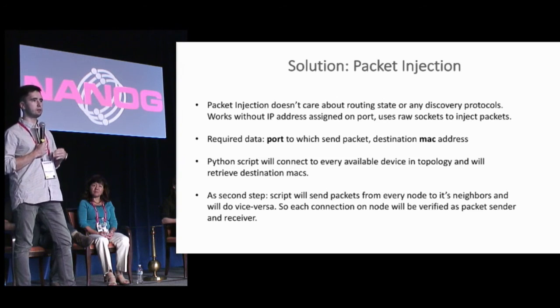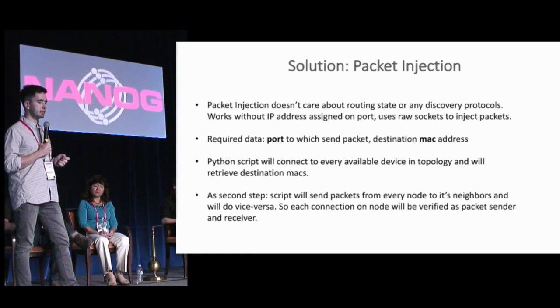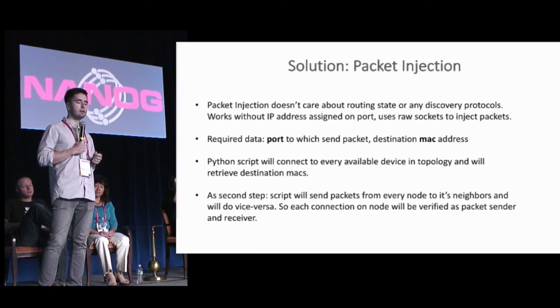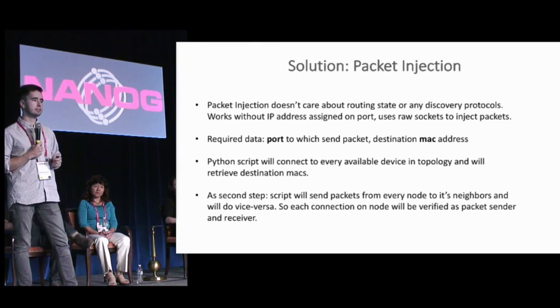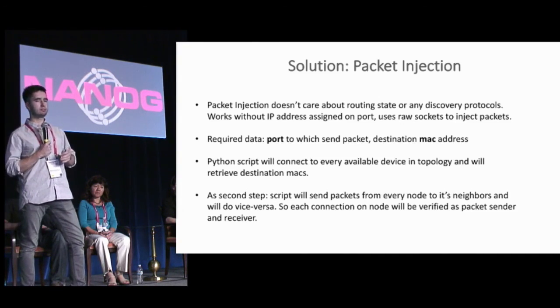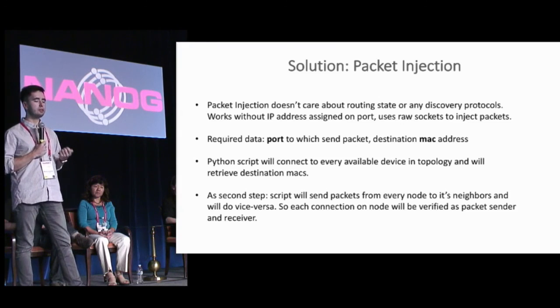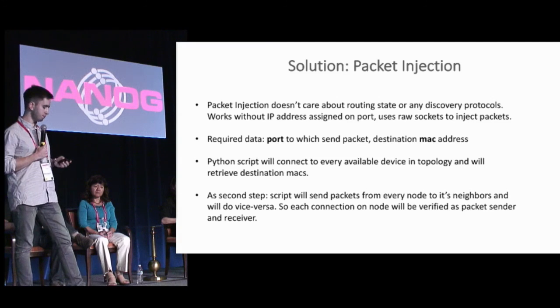So now we have the whole topology, all devices with all available MAC addresses. As the second step, the script will connect to each device, and each device will be considered as a sender of a packet and as a receiver. So every device will be presented in two rows.